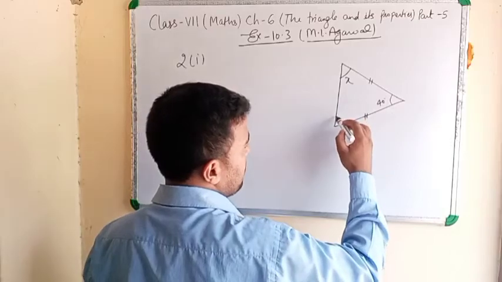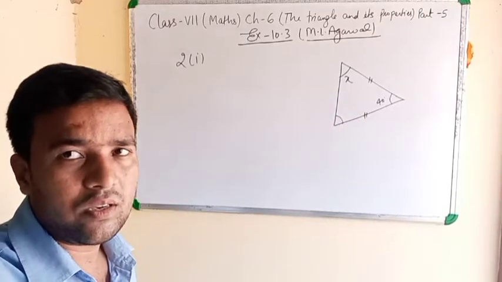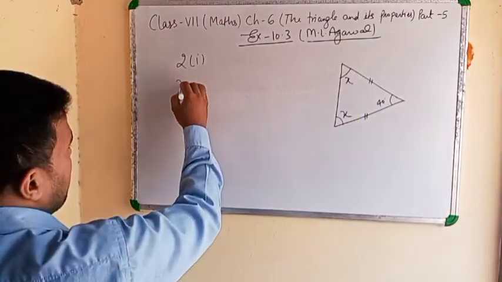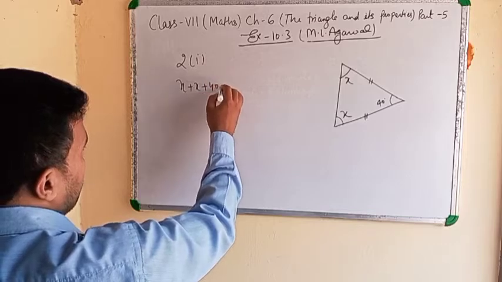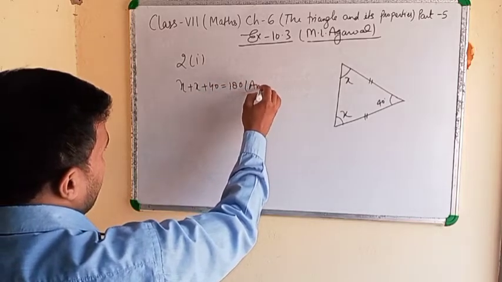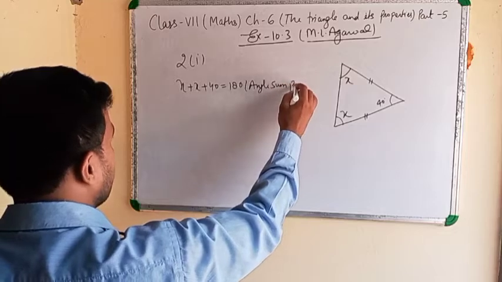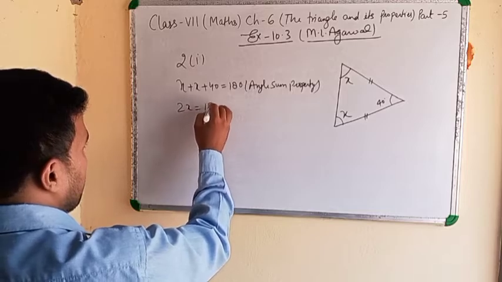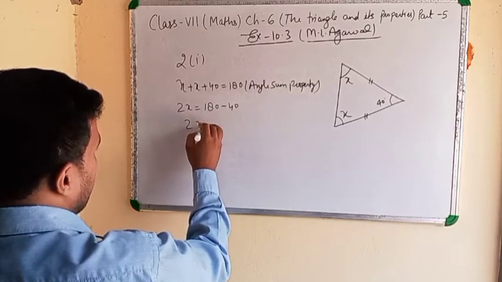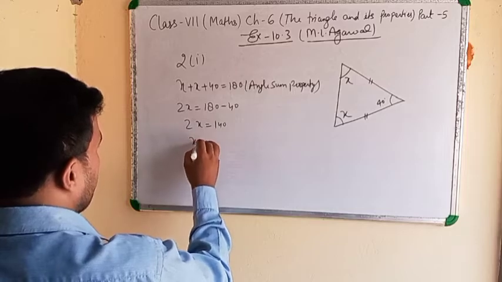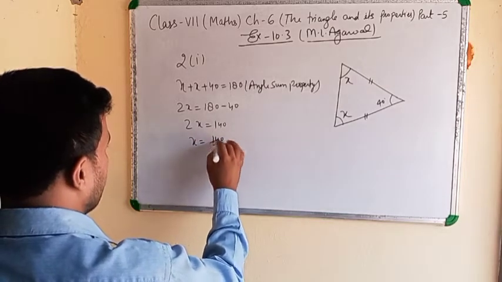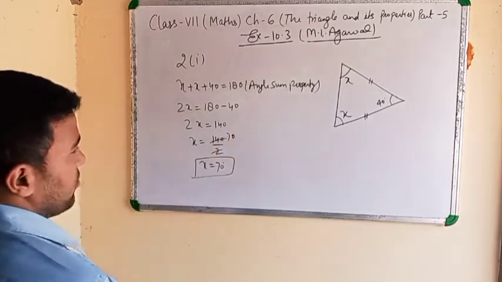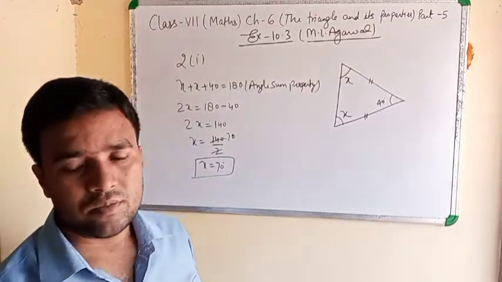This and this side equal means this angle is also x, by the angle sum property. 2x equals 180 minus 40, 2x equals 140, x equals 140 by 2, 70 degrees. Note down.